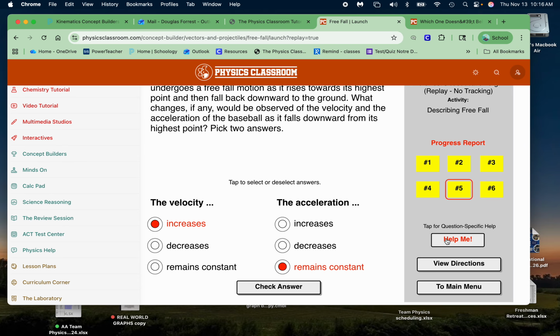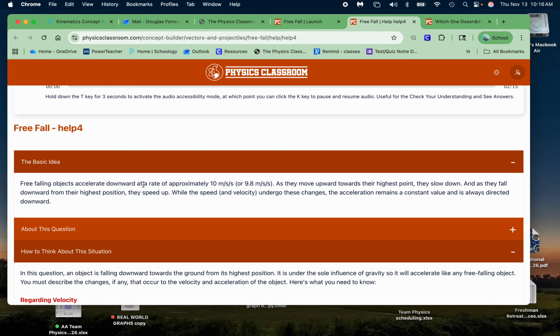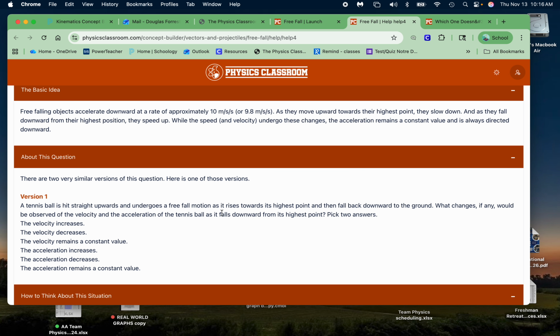If you're uncertain, take a look in here. So this shows free fall acceleration, means there's no other forces acting on the object, no air resistance. It tells you what's happening when they go to their highest point and when they go down. So it is constant acceleration due to gravity. You can look at this also.